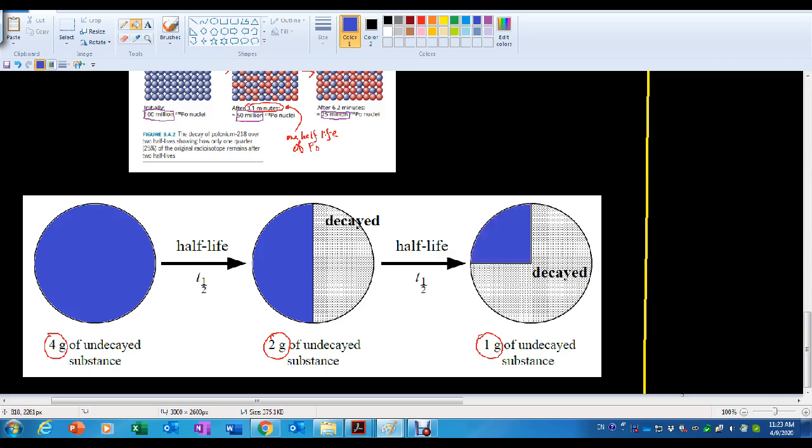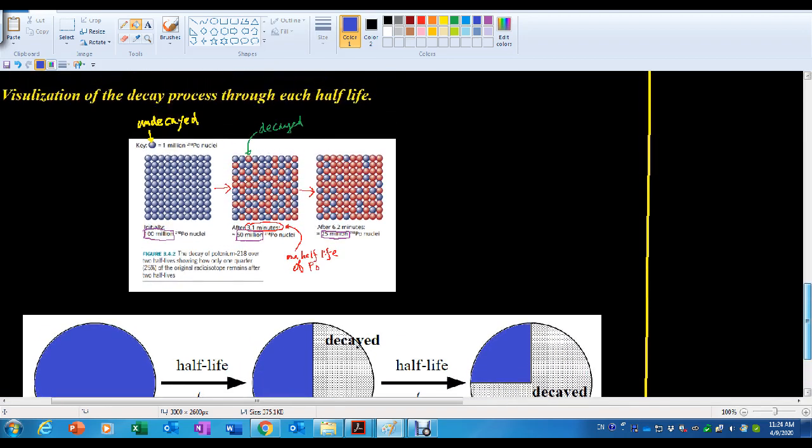Remember the blue region is what we call undecayed nuclides, and the gray region means the decayed nuclides. Again we can see the mass of the undecayed substance becomes less and less, and the decayed substance becomes more and more in the process. So that's basically the idea of half-life.